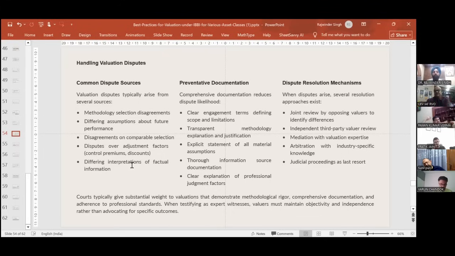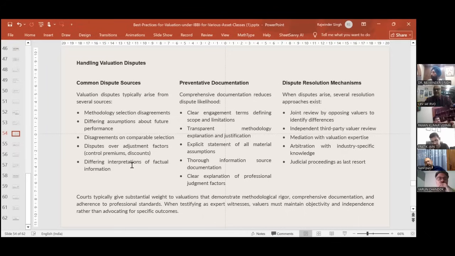First thing, friends, you must know, as I have told you before also, a valuer is not known by the number of valuations he is doing per month or per year in his career. A valuer is known by the number of cases he is able to defend in case of any dispute or any litigation. अगर एक भी डिस्प्यूट आपका कॉज क्रिएट होता है तो आपके पूरे वैल्यूएशन प्रोफेशन के ऊपर ताला लग सकता है.